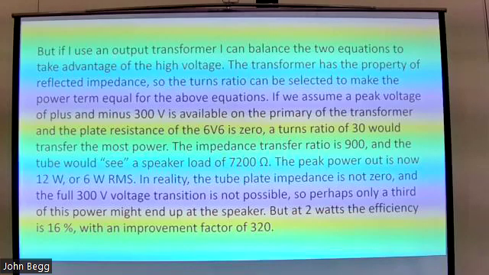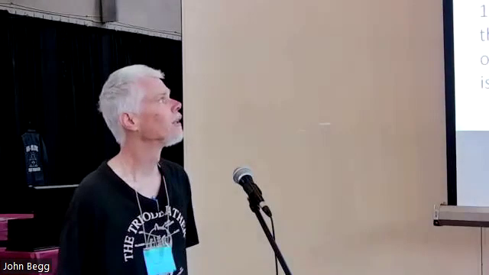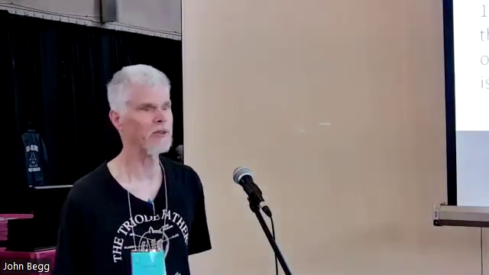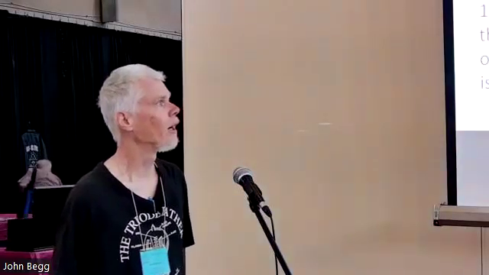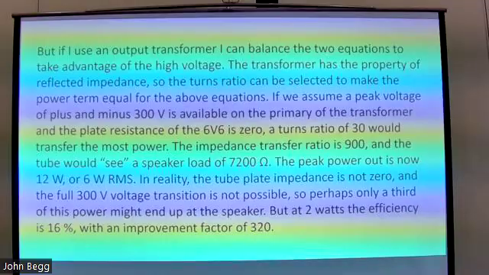If we assume a peak voltage of plus and minus 300 volts is available on the primary of the transformer, and the plate resistance of the 6V6 is 0, a turns ratio of 30, actually 30.6, would transfer the most power. Of course, you can't have a fractional turn in the transformer. The impedance ratio, which goes as the square of the turns ratio, is 900. The tube sees a speaker load of 7,200 ohms. The peak power is now 12 watts or 6 watts RMS output.